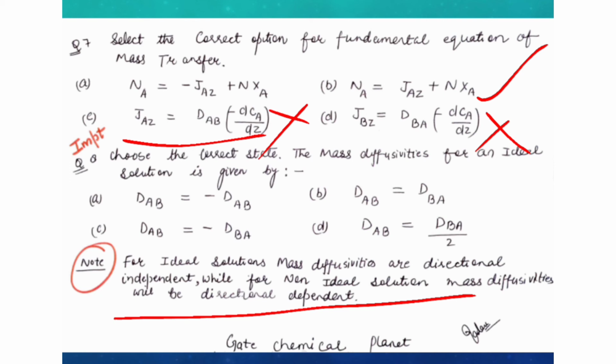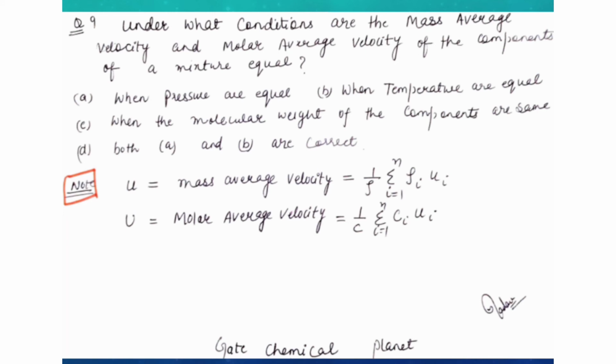So the correct option is DAB equals to DBA. So remember this point: for ideal solution what is the condition, and for non-ideal solution what is the condition for mass diffusivities. So now move on to the next question.